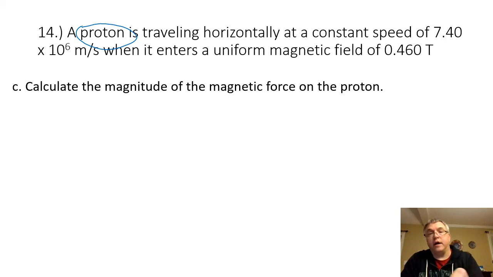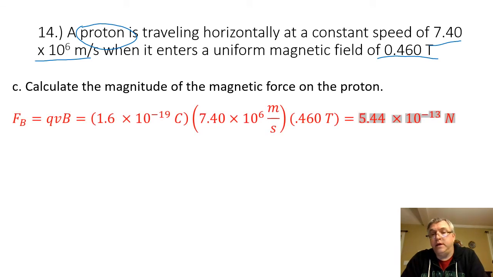I know that my velocity is 7.40 times 10 to the 6th meters per second, and the magnetic field has a magnitude of 0.460 Tesla. If I use F equals QVB and insert those values into the equation, I am going to get a force of the magnetic field of 5.44 times 10 to the minus 13th newtons.